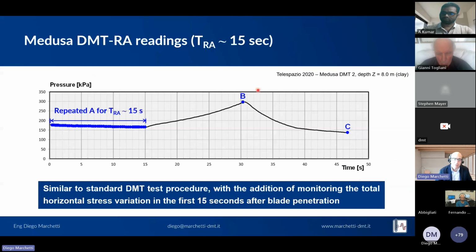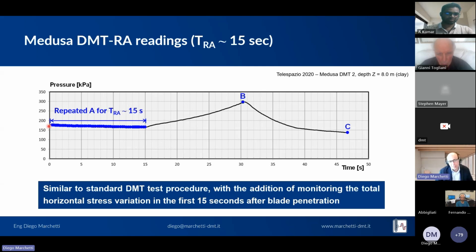A second possible way of using the DMT repeated A readings is to perform the standard procedure, which requires taking the A reading at 15 seconds, the B reading at 30, and then the C reading, but also taking many A readings up to 15 seconds. Why is this useful?